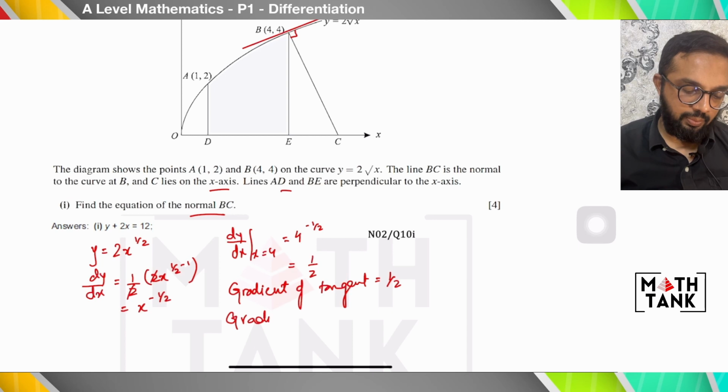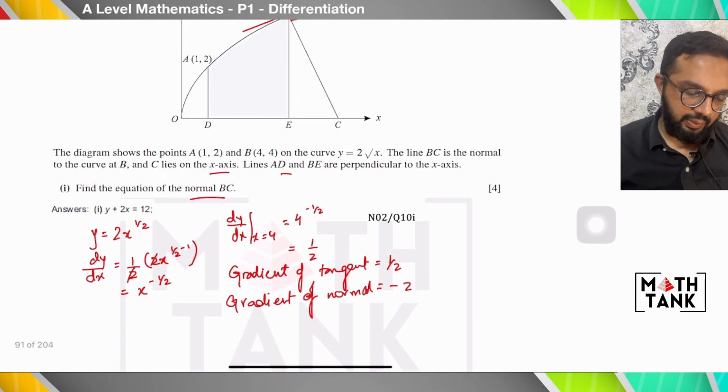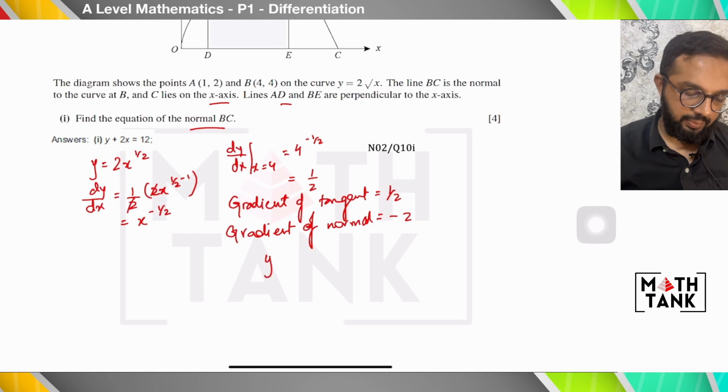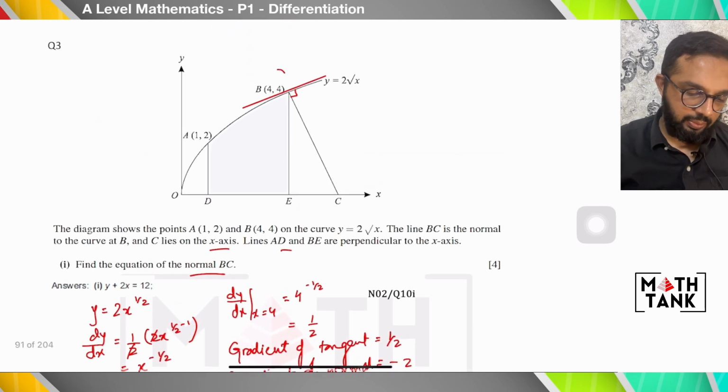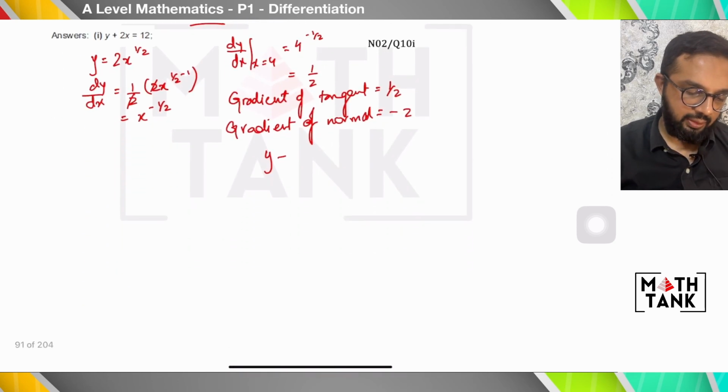Gradient of the normal is minus 2. In order to find the equation of the normal, I'm going to do y minus y1 equals m times x minus x1.